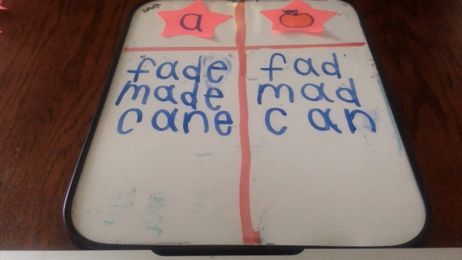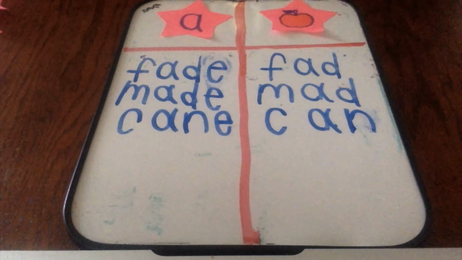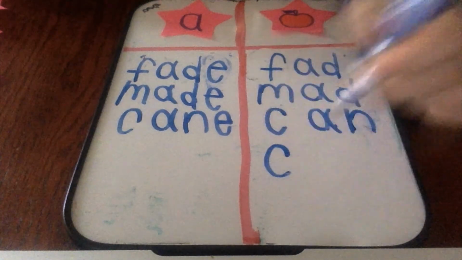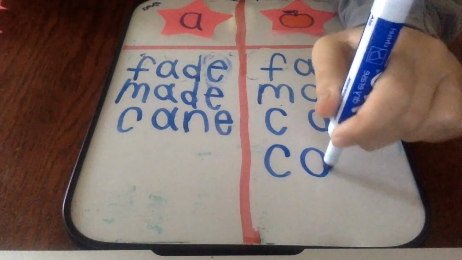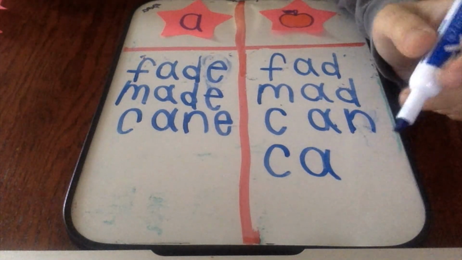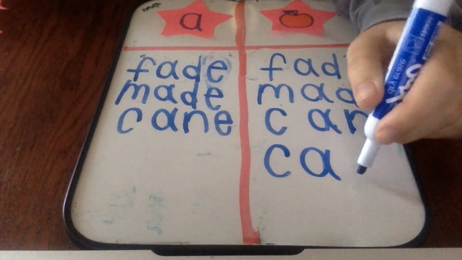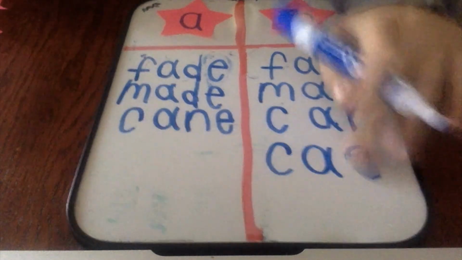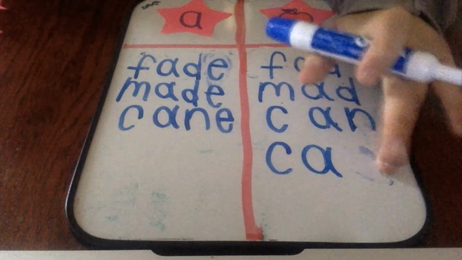What about the word cap? Cap. The word cap will have to go on this side because we hear it saying the short A sound, like our keyword apple. So there we have cap.